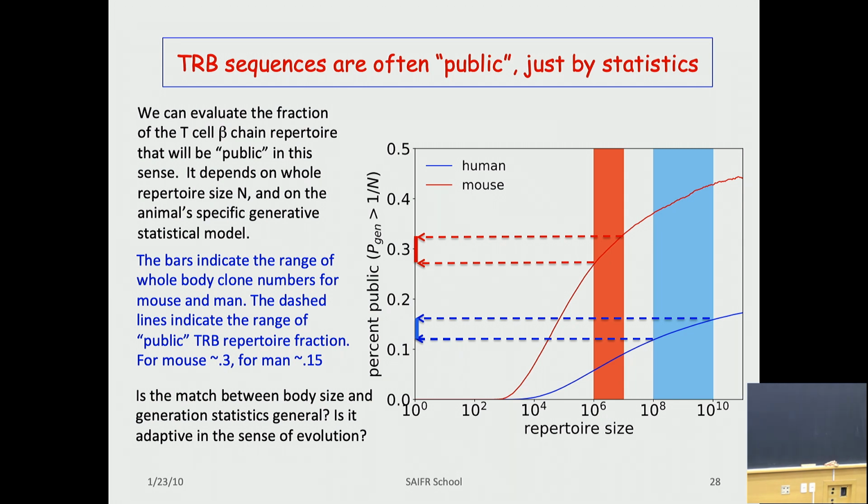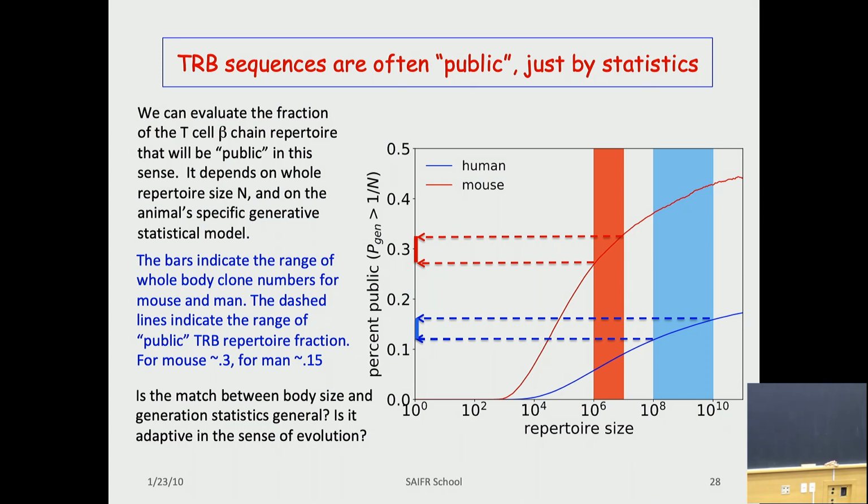And what's interesting, and you have to process this in your head a little bit before it becomes intuitive, is that for the actual range of human repertoire sizes, the fraction of the repertoire that is going to be public in this sense is indicated by this bar.